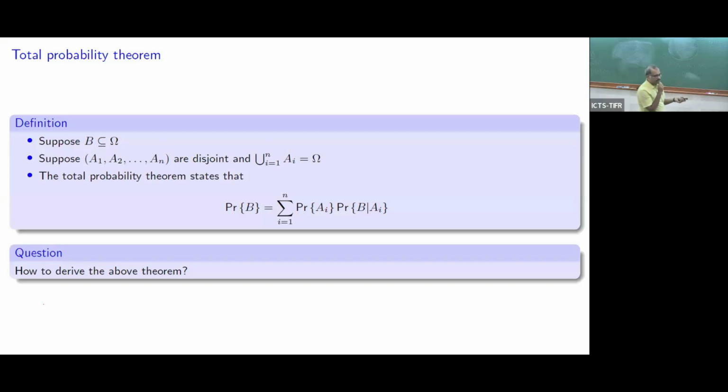Earlier also we had disjoint events, so see if there is a connection. If these are disjoint, then if you take the intersection of B with them, that is B intersection A1, B intersection A2, like that, then they are also disjoint. Maybe that will help. That's a clue which you can use to try and get this.